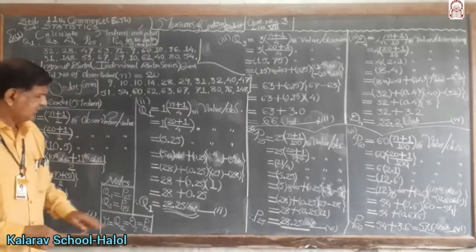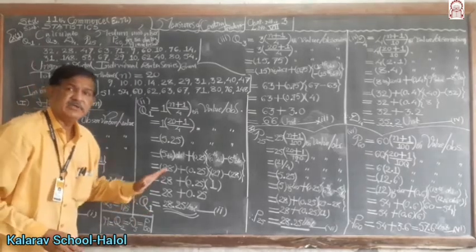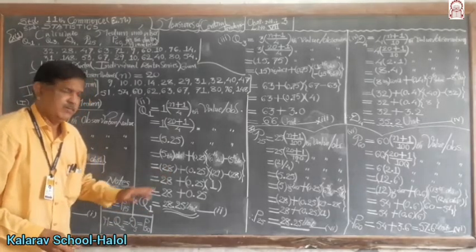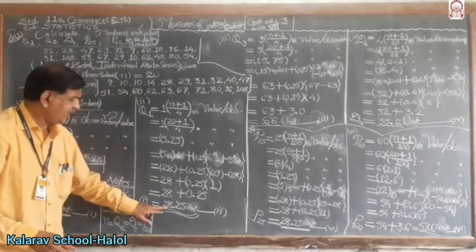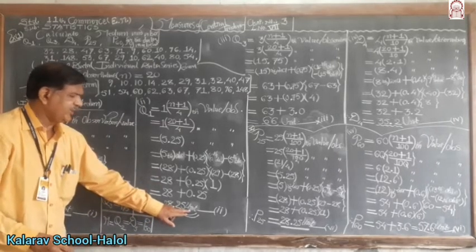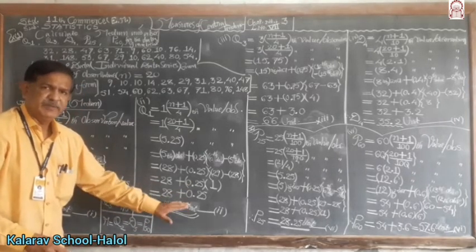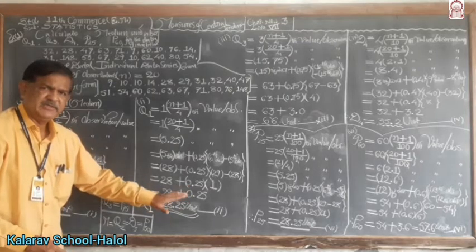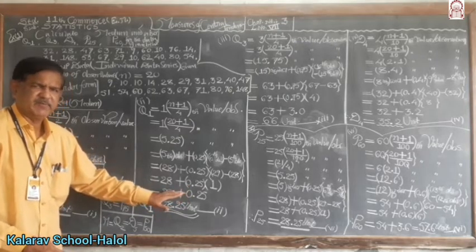And finally the answer of Q1, known as first quartile, is 28.25 units. Rupees, centimeter, inches, kilogram, ton, whatever may be that.